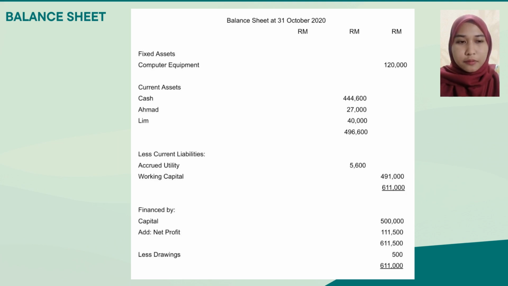Lim Senior Berhad 40,000. Total 496,600. Less current liability, accrued utility 5,600. Working capital 491,000.